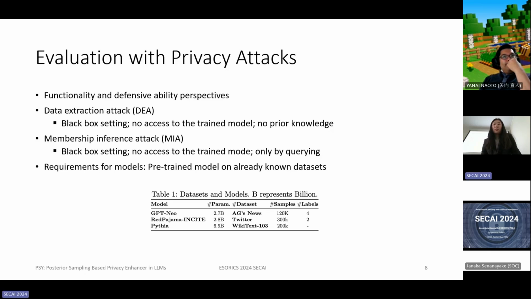We choose three large language models: GPT-Neo, Red Pajama, and Pythia, and three datasets: AG News, Twitter, and Wikitext.